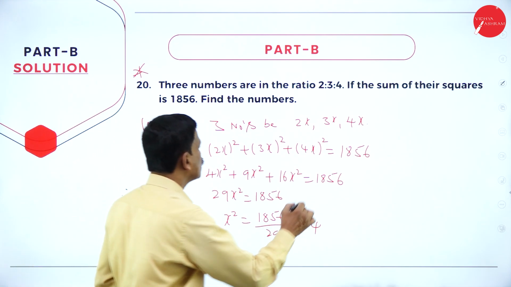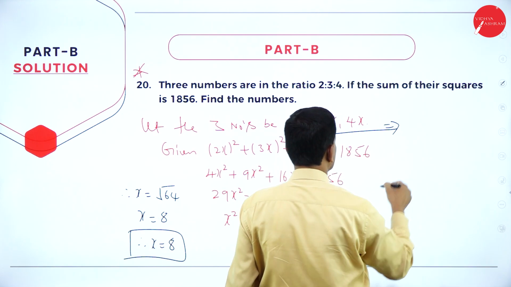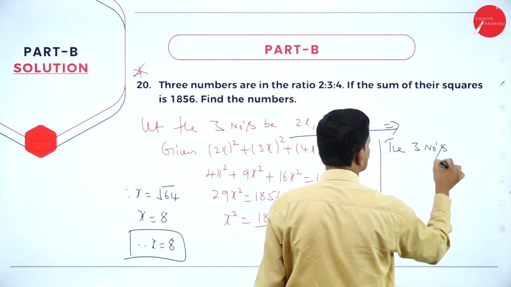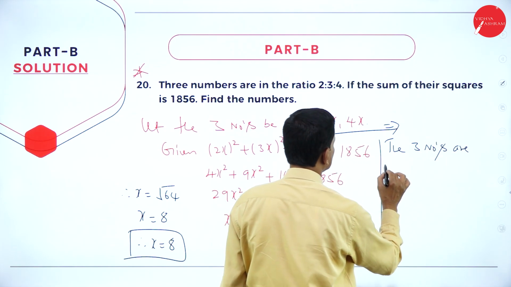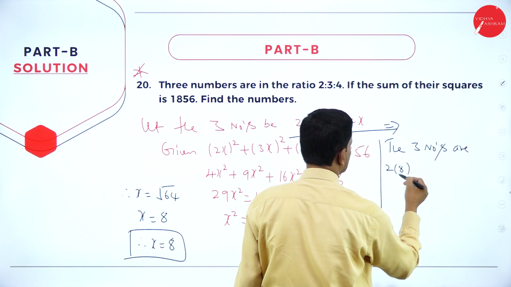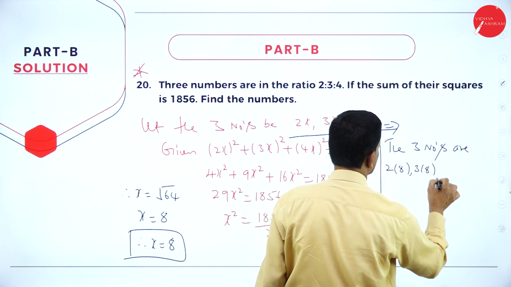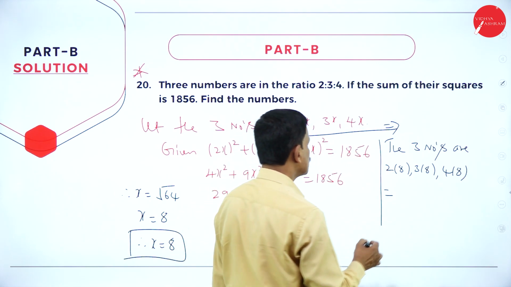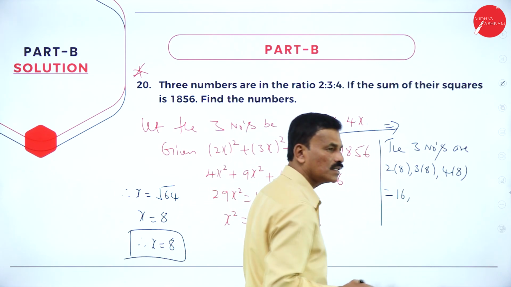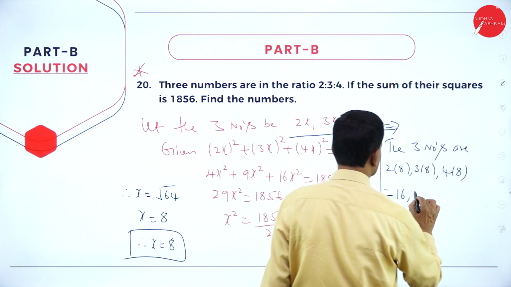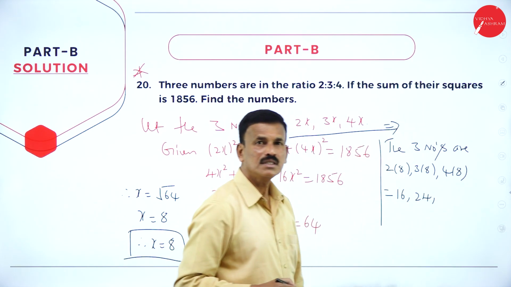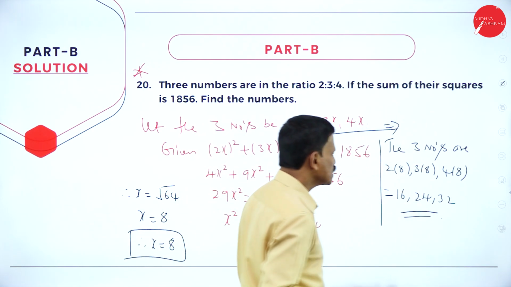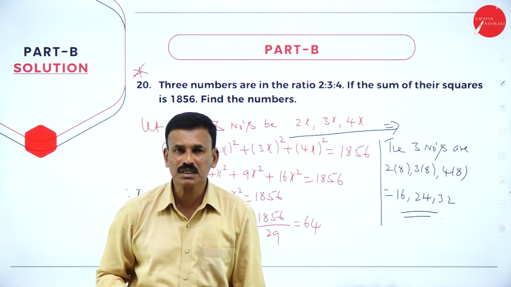So the three numbers are 2 into 8, 3 into 8 and 4 into 8. 8 2s are 16, 8 3s are 24, 8 4s are 32. So 16, 24 and 32 are the three numbers.